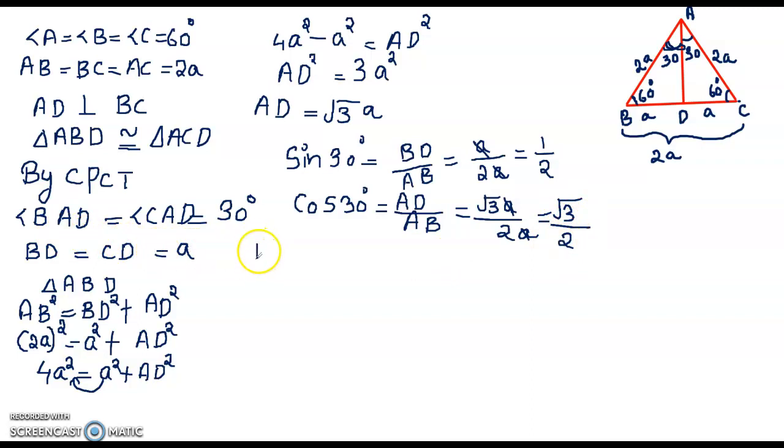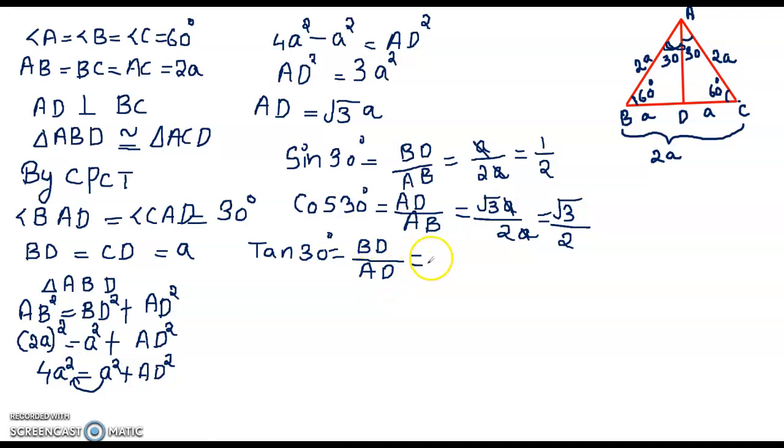Again tan 30 degree. As we know that tan is equal to opposite side by adjacent side. Here the side opposite to this angle 30 degree is BD, by the side adjacent to this angle 30 degree, which is AD.